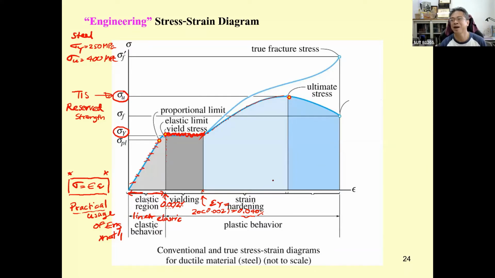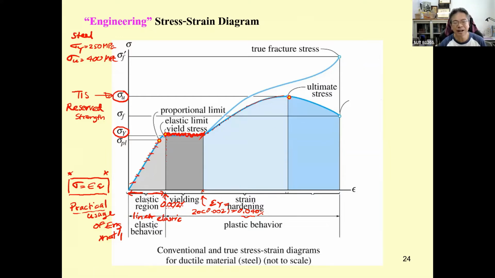It may not function properly, but it won't separate into two pieces. So it will prevent the loss of life, and also prevent the loss of property. That's why we determine sigma sub u.